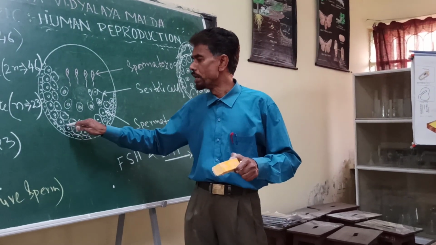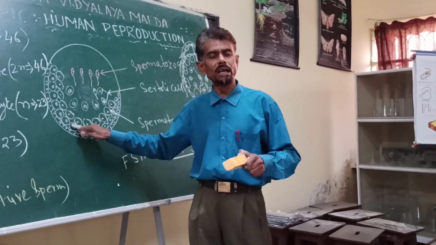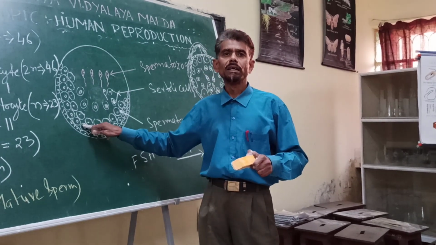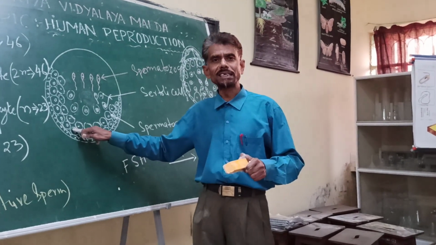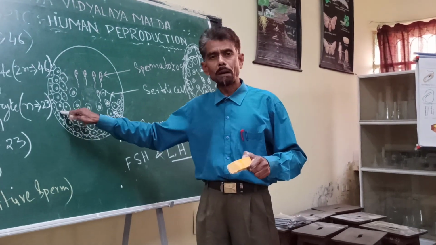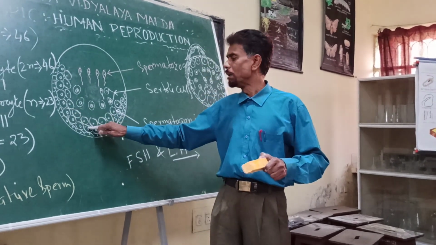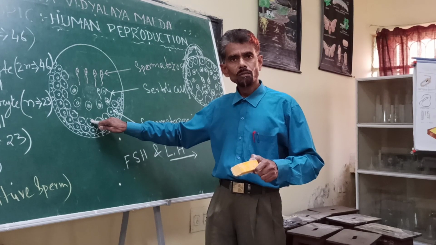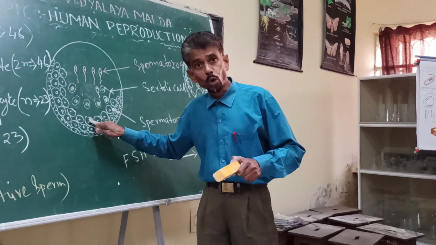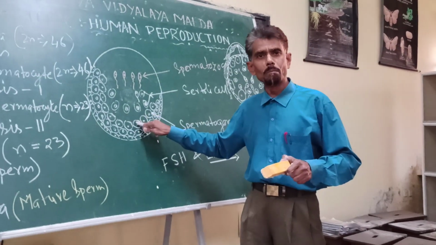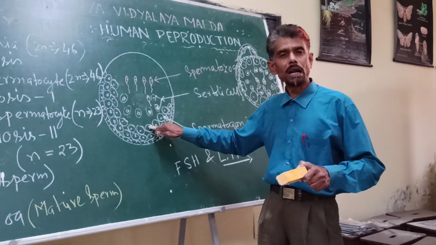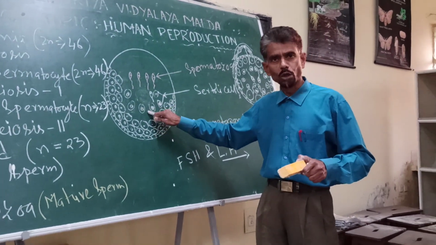These spermatogonial stem cells give two types of cell, type A cell and type B cell. Type A cell again gives rise to the spermatogonial stem cell, and type B cell gives rise to the spermatogonial cell, otherwise called sperm mother cell or spermatogonia, and the Sertoli cell.